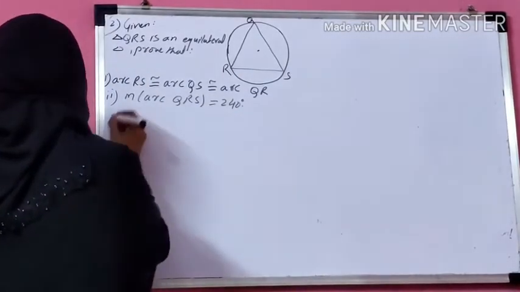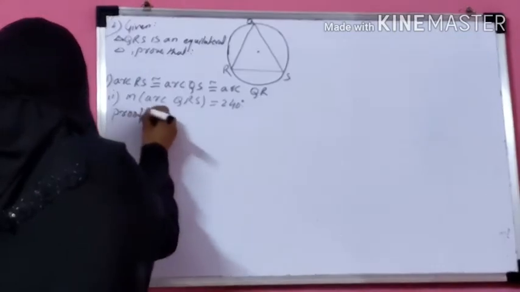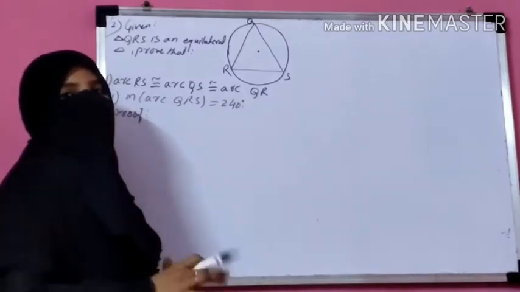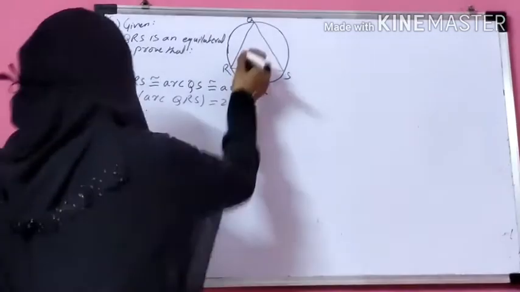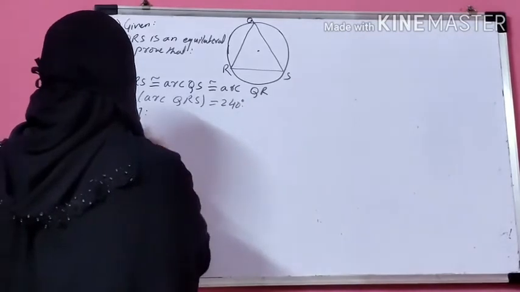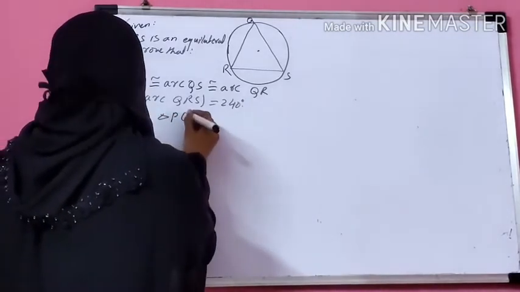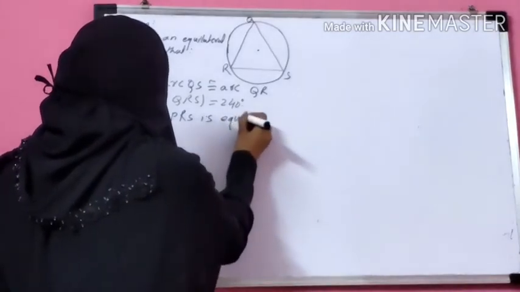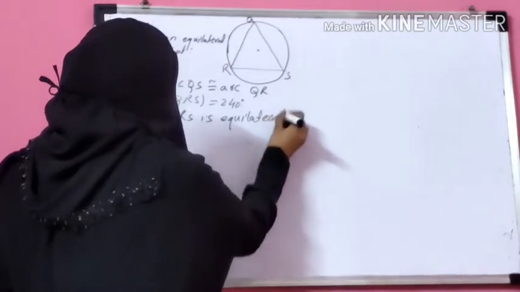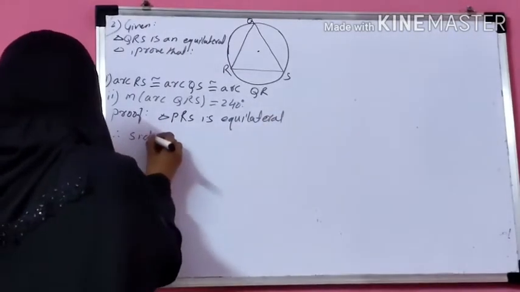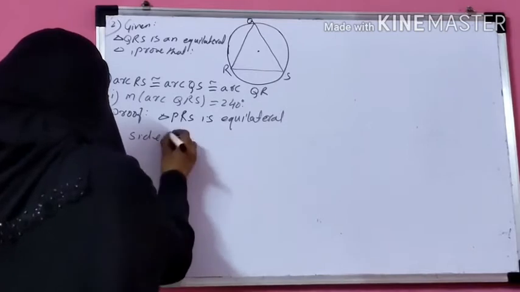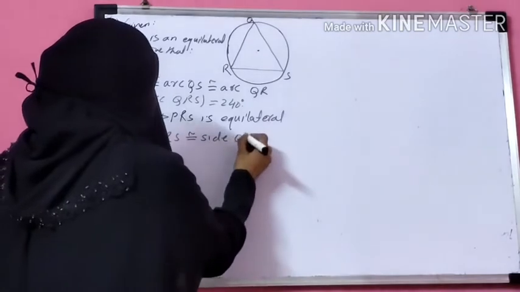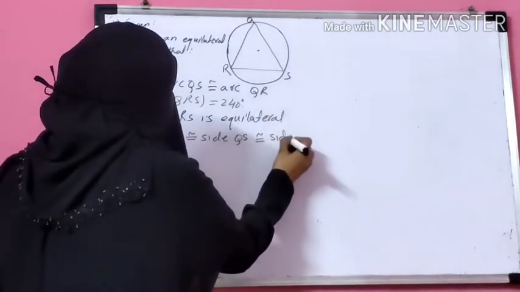So let's start your proof. First of all, this triangle is an equilateral triangle, and you know that all three sides of an equilateral triangle are equal. So triangle QRS is equilateral. Therefore side RS is congruent to side QS is congruent to side QR.